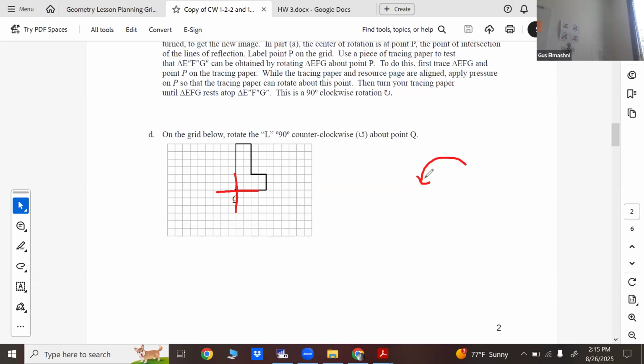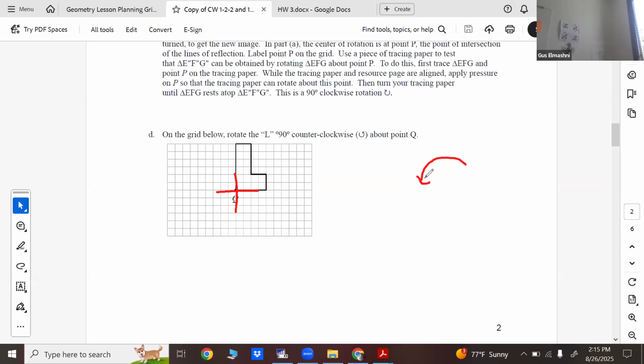More like that, right? Oh, I did it too much. Yeah, you did 180. Okay, so that's good, but now try 90. Yeah, you did 180. Okay, so rotate, and there we go, and that's the image. So that's how the image is supposed to look.